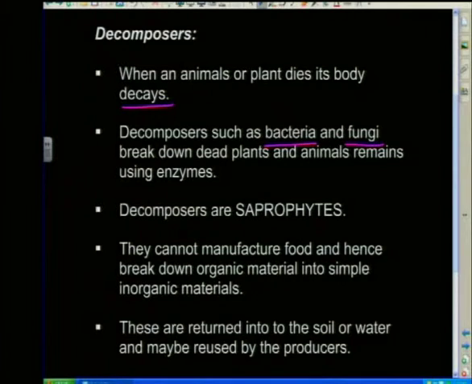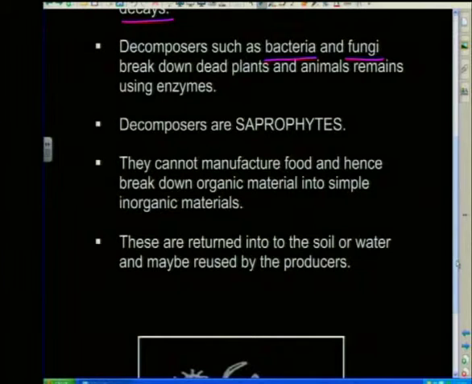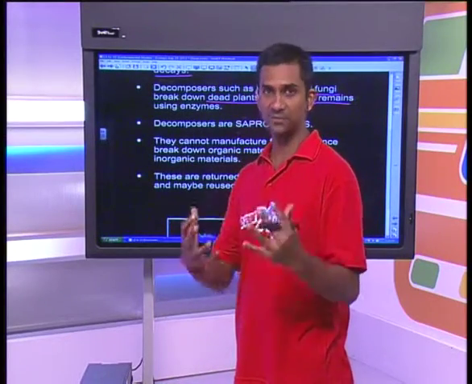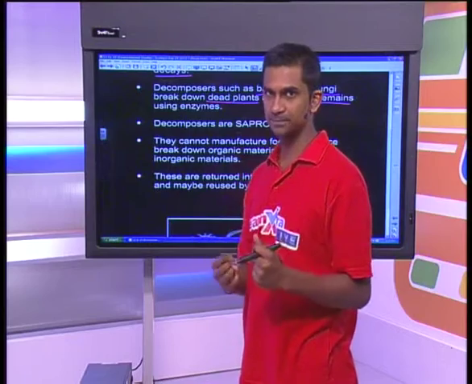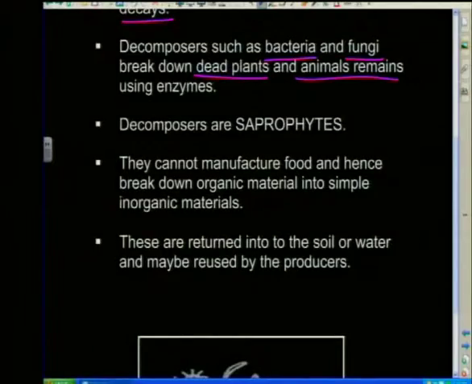Bacteria and fungi are two examples of decomposers that are capable of breaking down dead plant and animal remains using enzymes. We all have enzymes in our body that have specific functions, and many of these enzymes assist us in digestion. So bacteria and fungi play an important role in the decomposition of organic matter, or dead plants and animals, using enzymes.